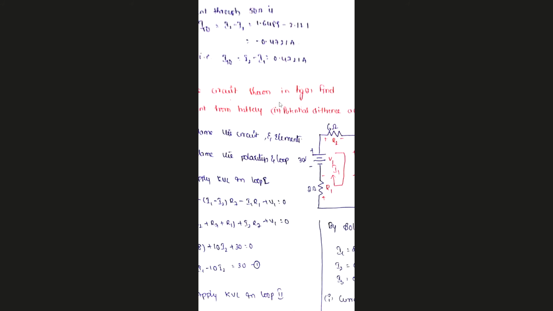So I1 you want to be at 64, I2 2.114 and I3 1.491. At least you want to get these.